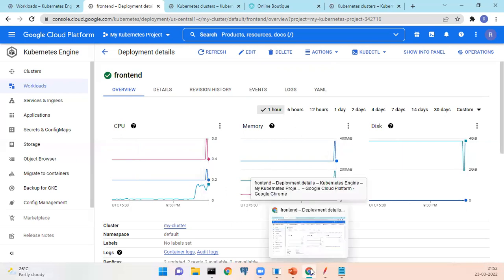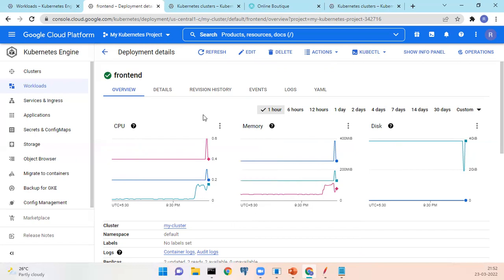In general, what we discussed in this session is, we have one cluster, and an application developed using microservices is deployed in this cluster. Kubernetes is the orchestration tool.